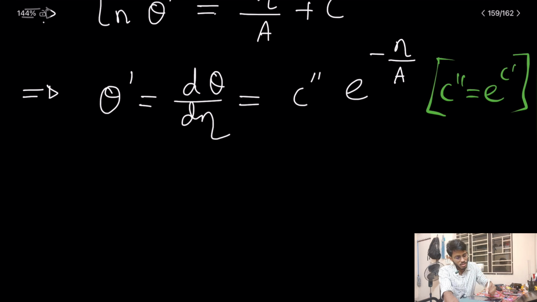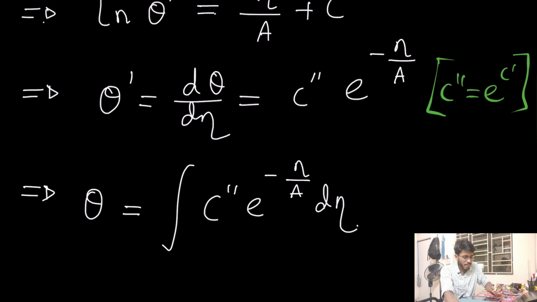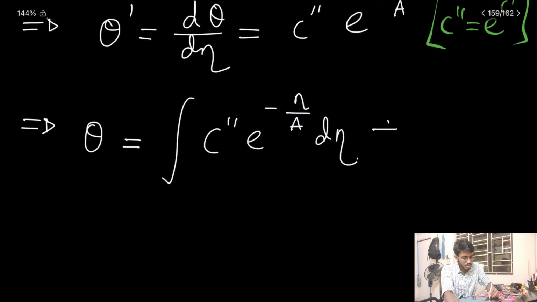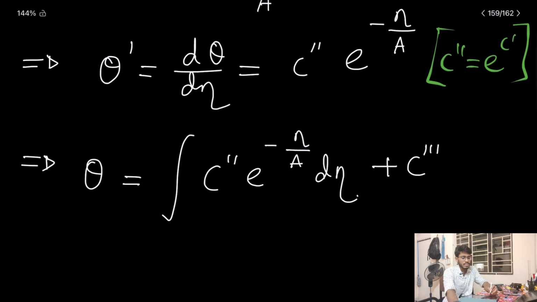Now if I do the integration for the second time, I will have something like this, integral of e to the power minus eta by a d eta, plus some c triple dash. So this is my final solution, and here I need to find c double dash and c triple dash.